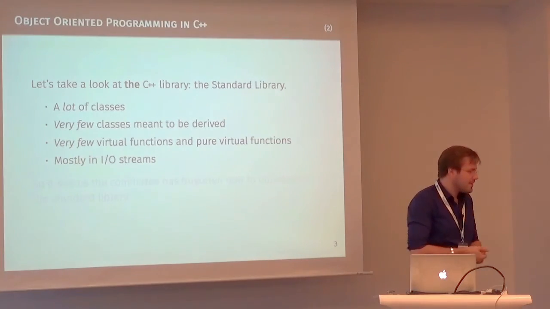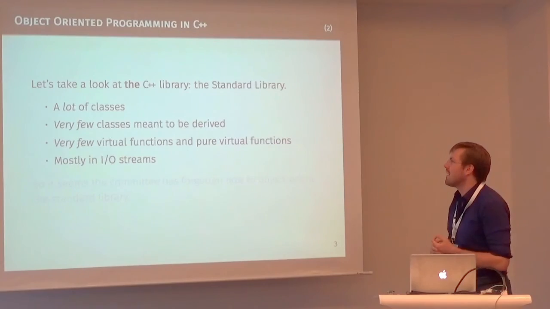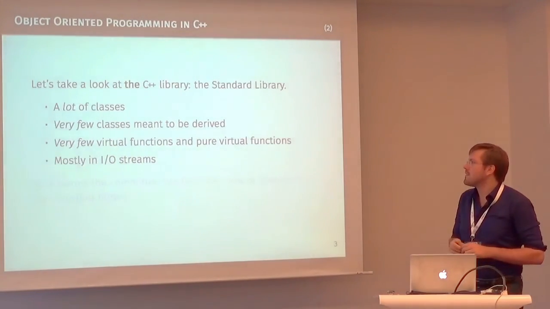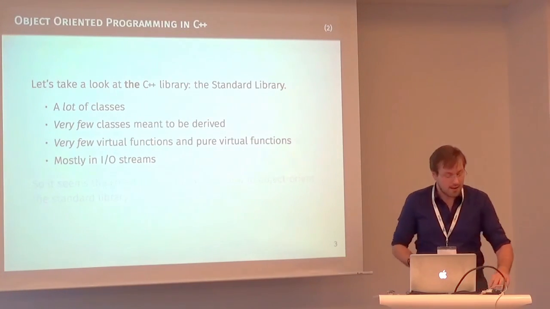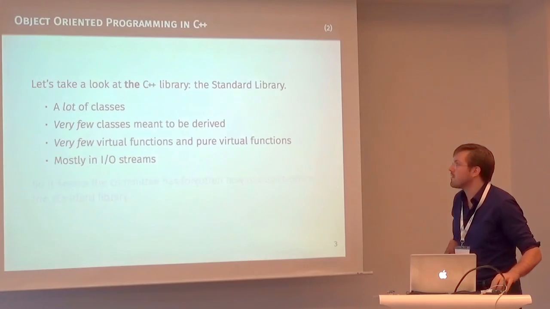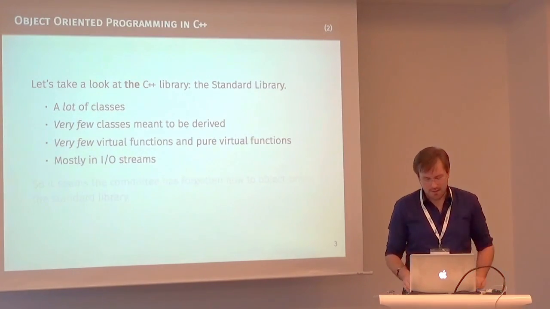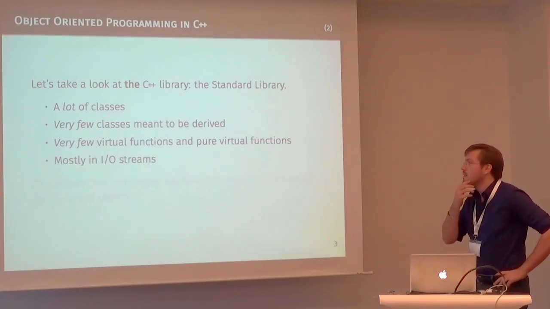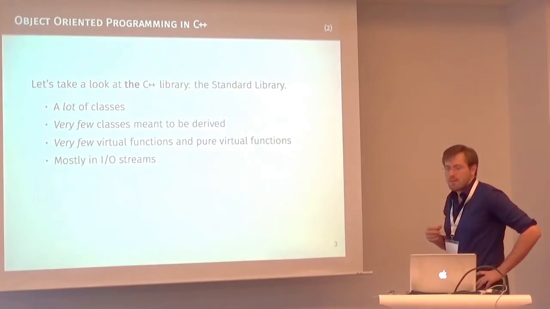And to see why, let's take a look at the standard library, which is the C++ library. We have a lot of classes, of course, but very few classes are meant to be derived. A lot of classes cannot be safely derived because they don't have virtual destructors, okay? There are very few virtual functions meant to be overridden, and very few pure virtual functions.